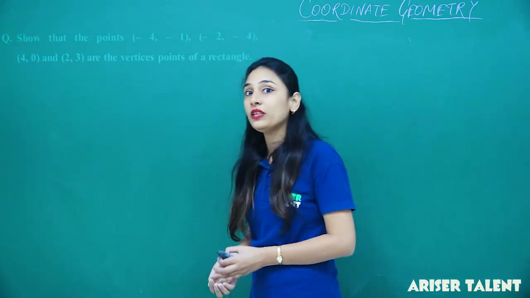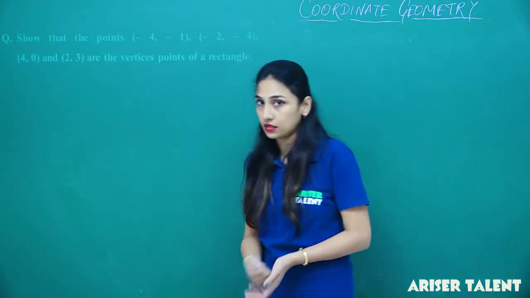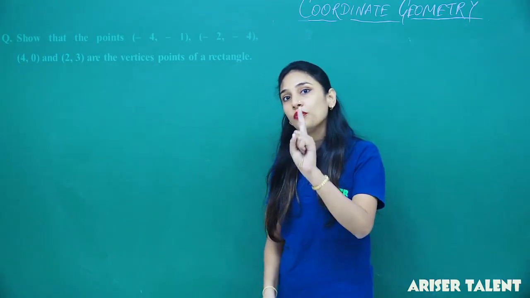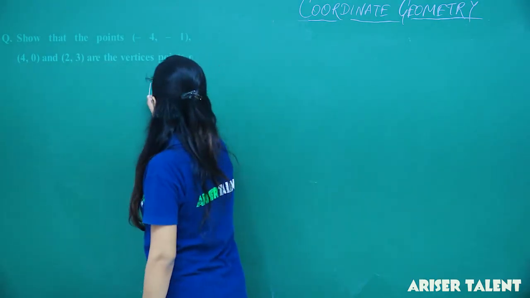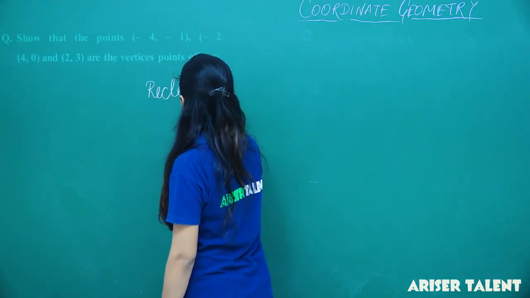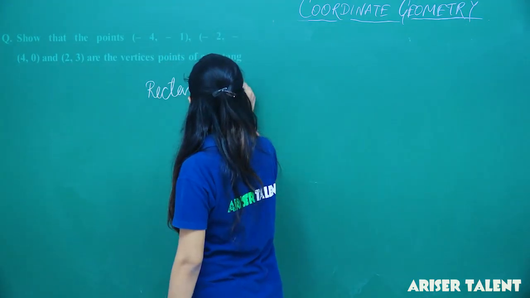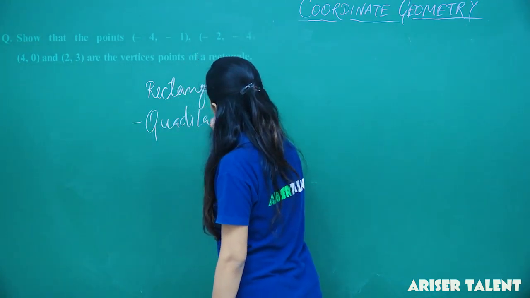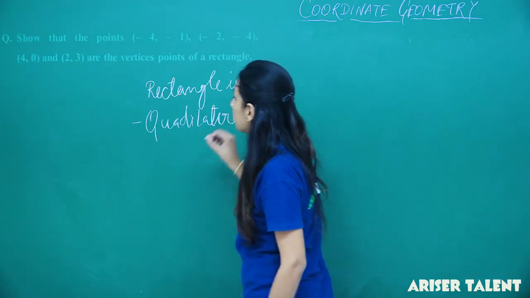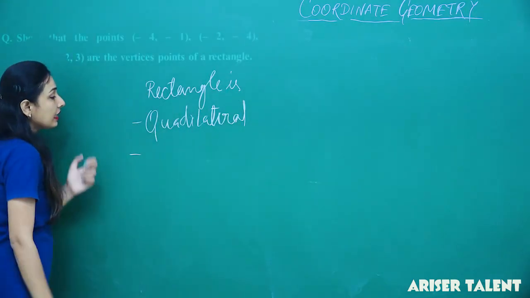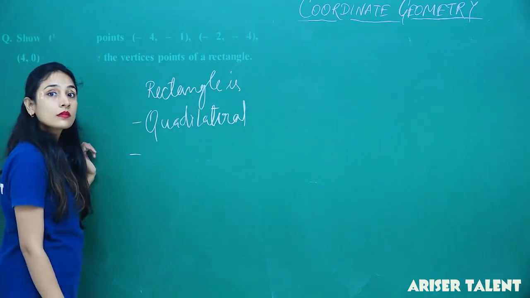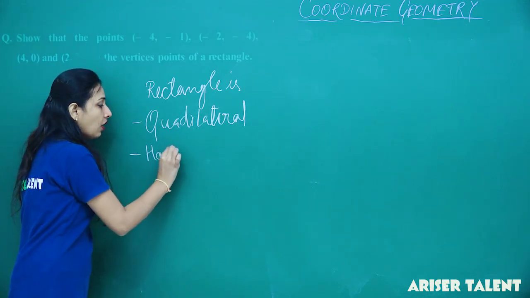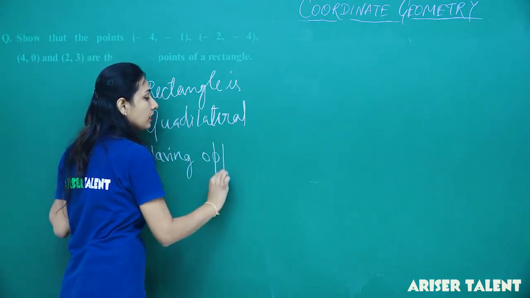First, you have to be very clear about what a rectangle is. A rectangle is a quadrilateral. This is the first thing, only the first thing. Then the second thing is having opposite sides equal.